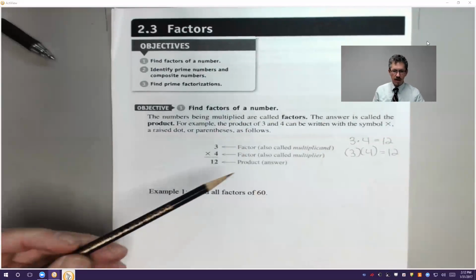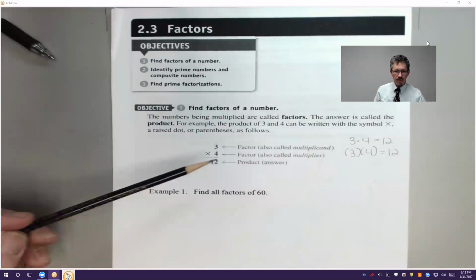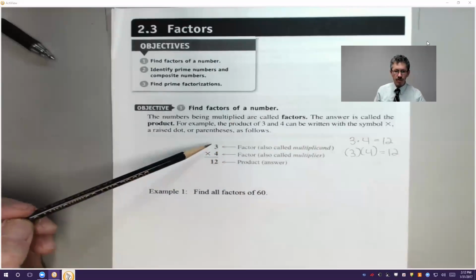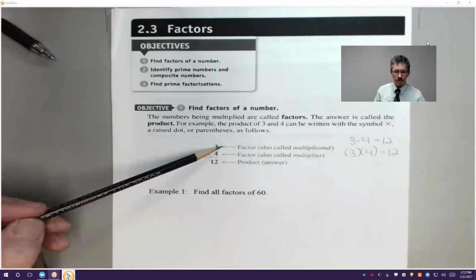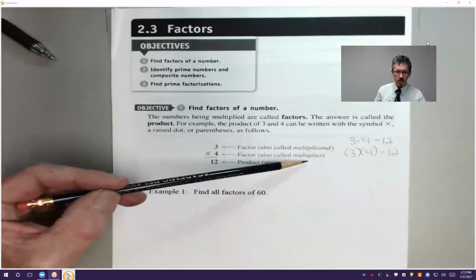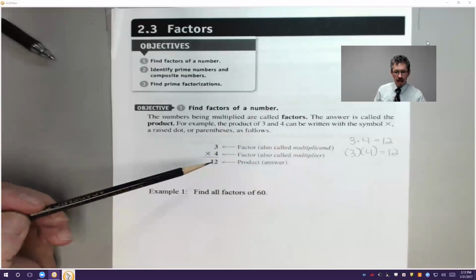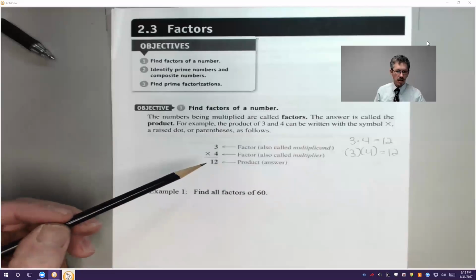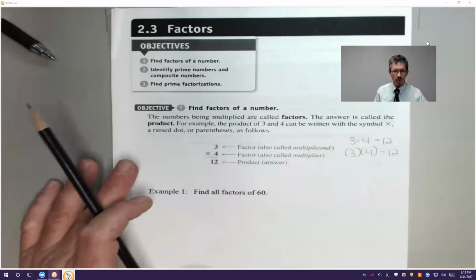All three of these mean the same thing. 3 times 4 equals 12. In this example, the 3 and the 4 are called factors. We're not going to differentiate between multiplicand and multiplier. And then the answer in the multiplication problem is called the product. Any questions? Okay, let's move on.